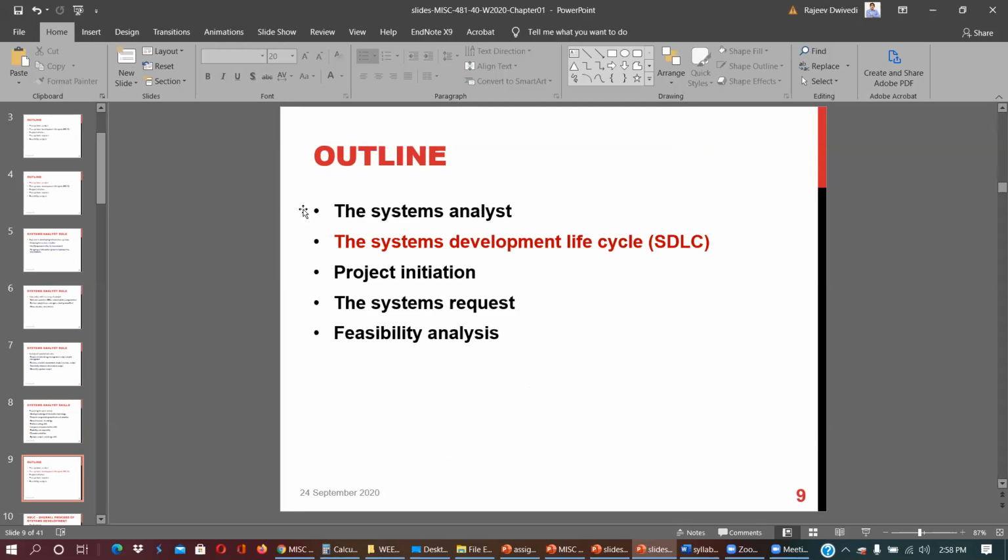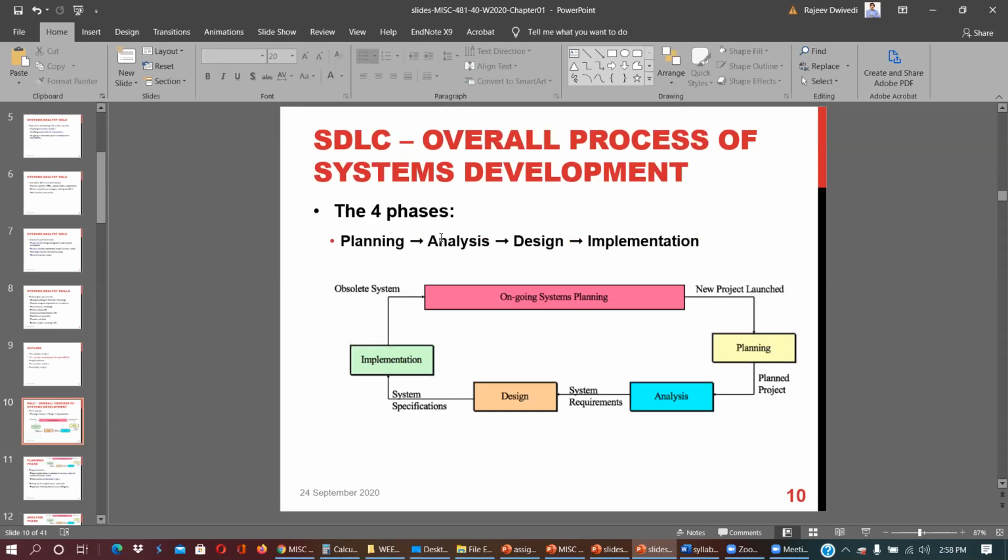Now we are going on to the system development life cycle. Then we will start project initiation, and then on Tuesday. So this is the basic system development life cycle.